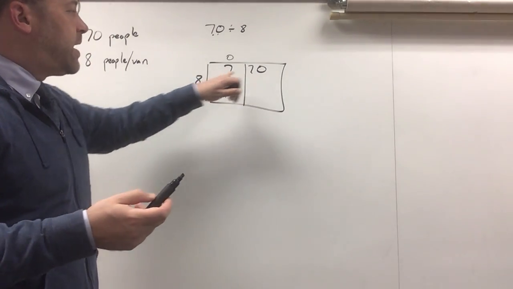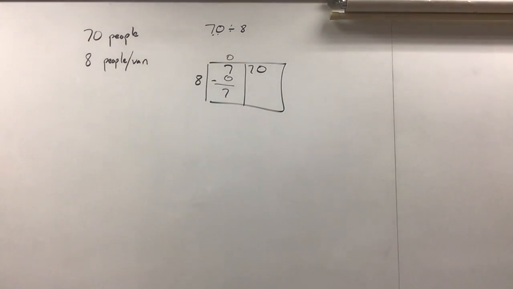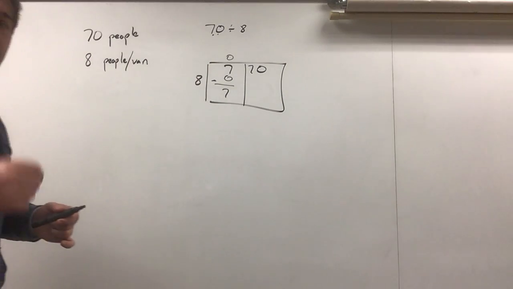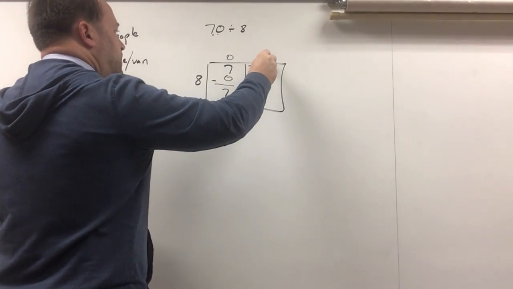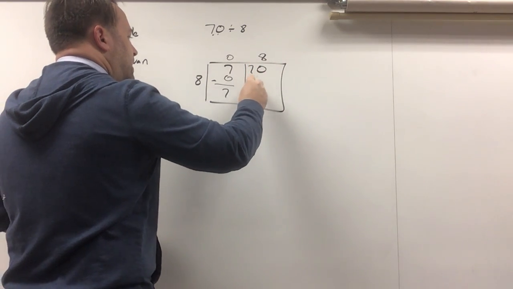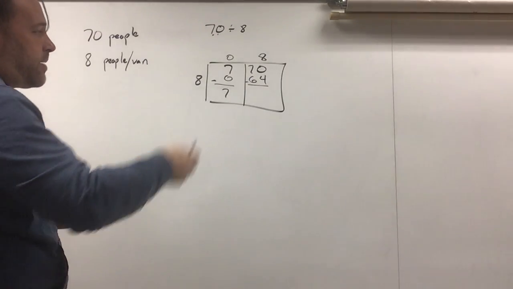70 divided by 8. Well, let's count by 8s. 8, 16, 24, 32, 40, 48, 56, 64. Stop, right? So 8 goes here. 8 times 8 was 64. And remember, you don't have to regroup that, just count it up.